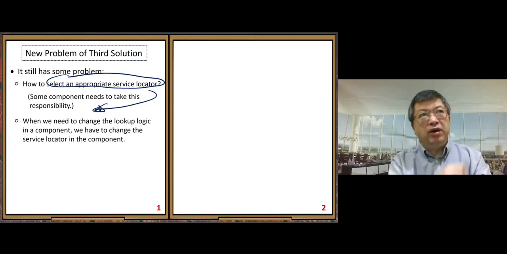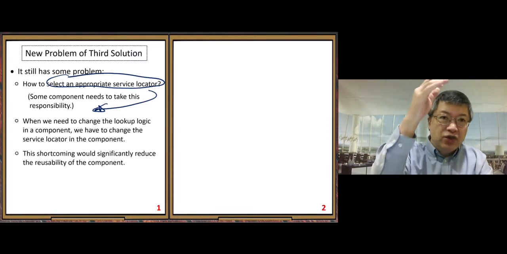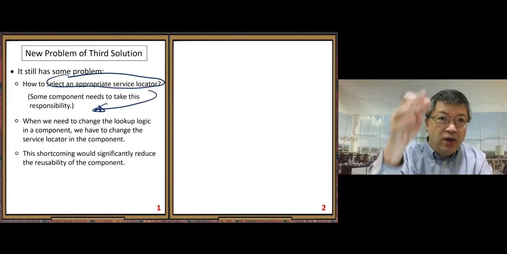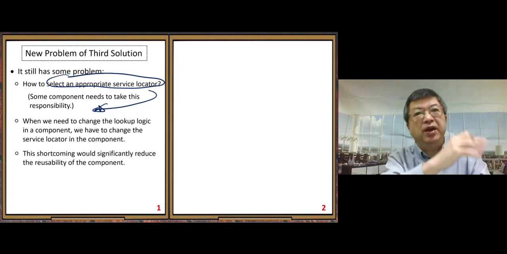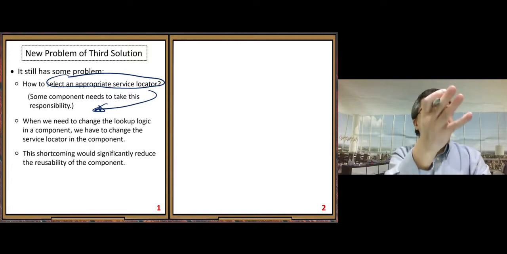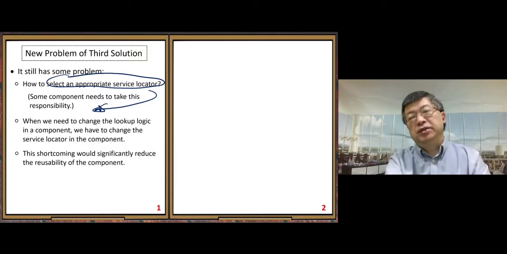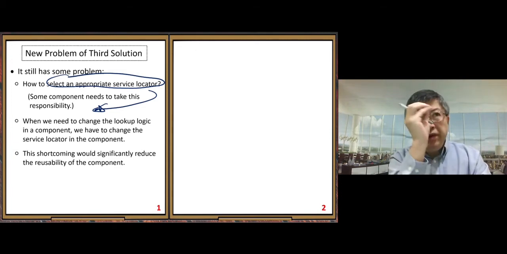That kind of work you need to do. So this shortcoming will significantly reduce the reusability of the component. We agree with that, but the question is how to improve it, how to eliminate this problem.